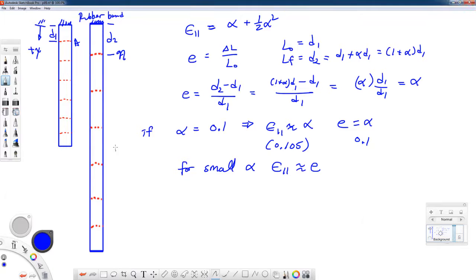So in more general terms, we can say that this magnification factor, which was this alpha plus 1/2 alpha squared, in relation to the engineering strain, which is the E, can be written as E, because that's alpha, plus 1/2 E squared. And this magnification factor is a large deformation strain measure.